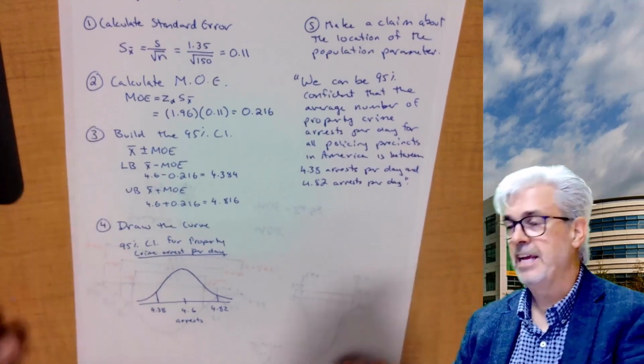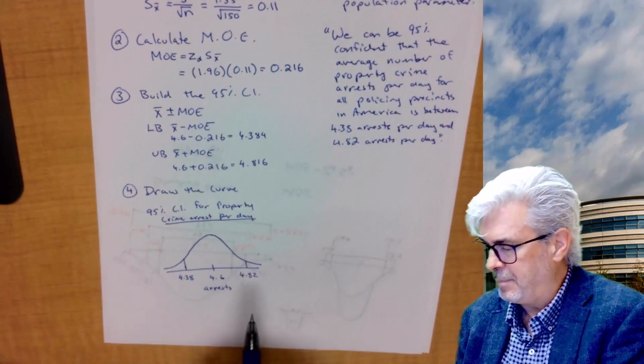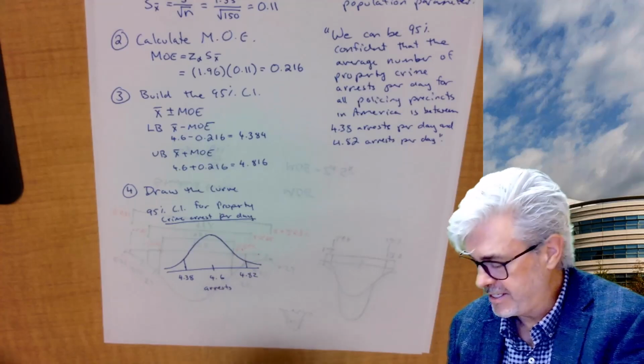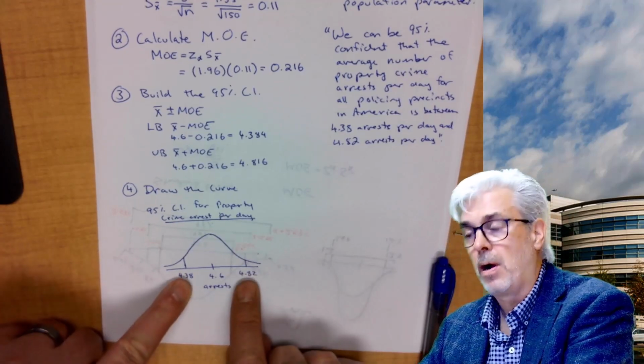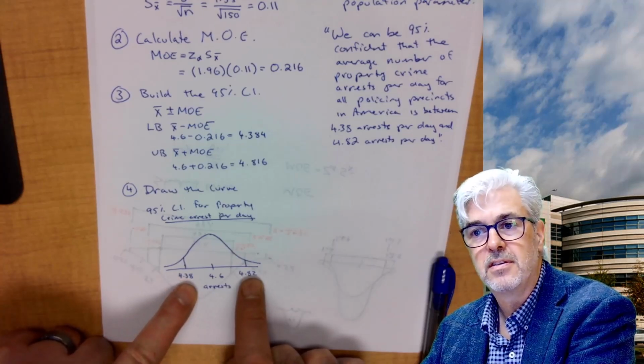Now the interesting thing is, looking at the statement here, I'm actually not making a claim that the average is 4.6. I'm saying that the true population value, I'm 95% certain, is between these 2 points.